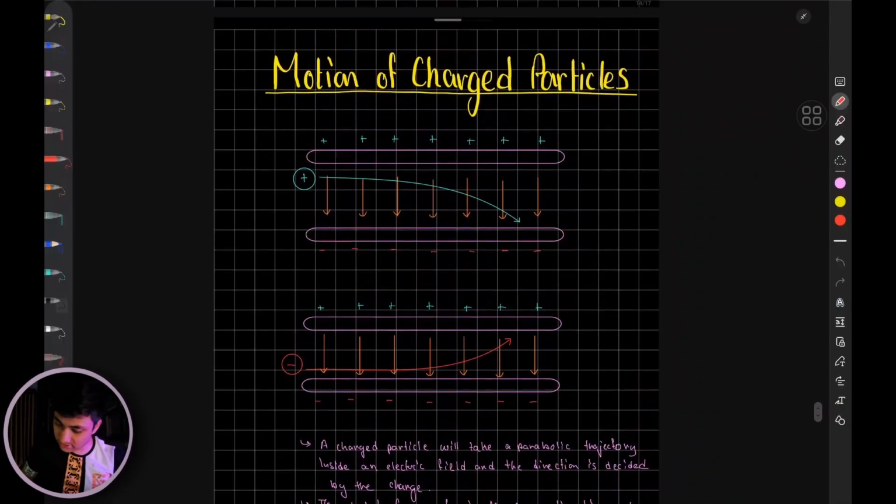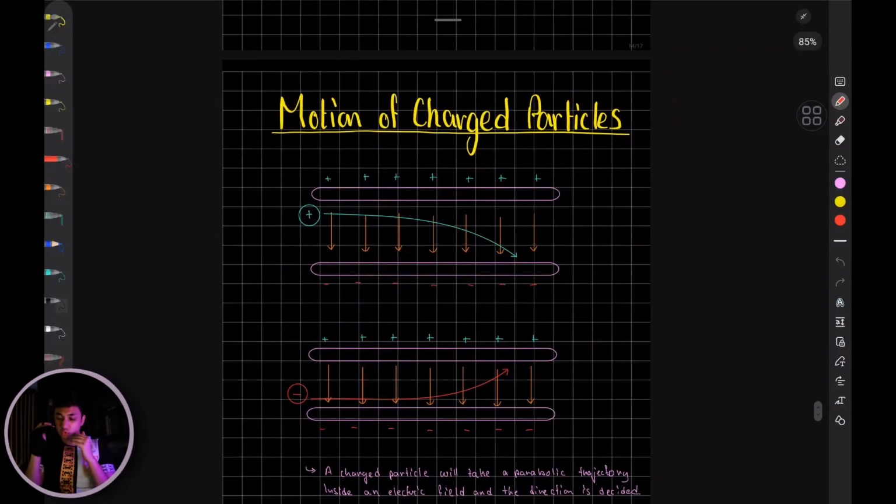Over here, you'll see that there are two oppositely charged plates, positively charged, negatively charged, right? Now, in between these two plates, granted they're charged equally, the electric field lines are going to be equally spread out, meaning the field lines are uniform.